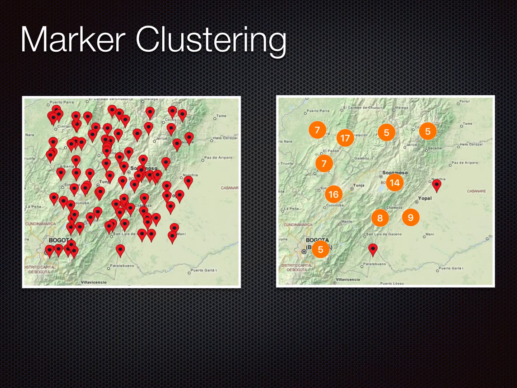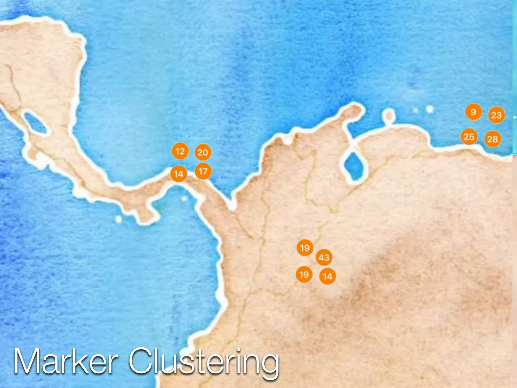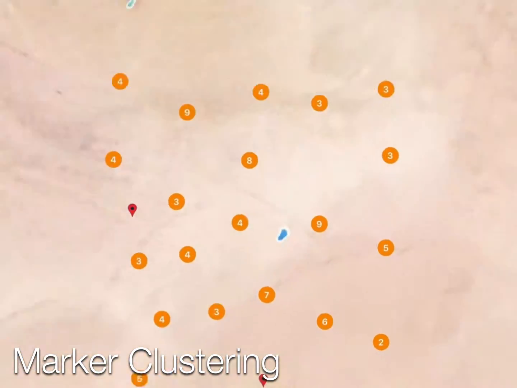So here's a neat feature for the 2D map as well as the globe. Marker clustering. Marker clustering is pretty straightforward. You take a bunch of markers. If they overlap, you group them together into bigger groups, and then you display some number or symbol that indicates there's a bunch of markers there. But ideally, you'd like the markers to break apart as you zoom in, and when you zoom out, you want them to reform.